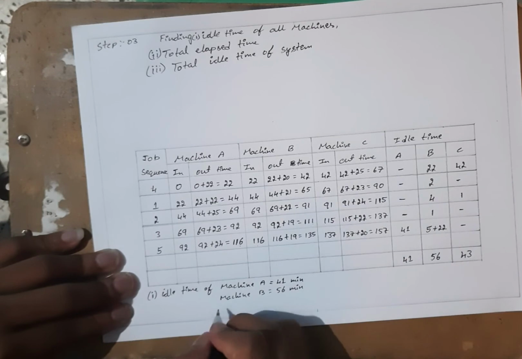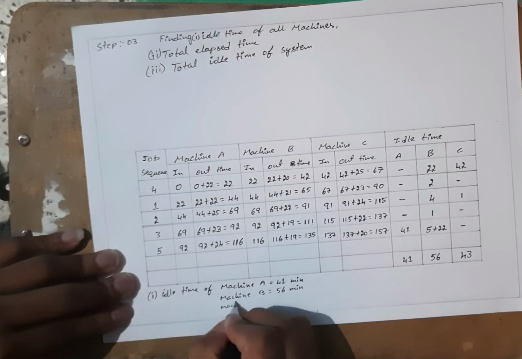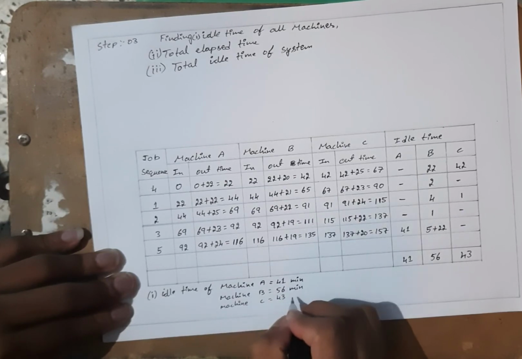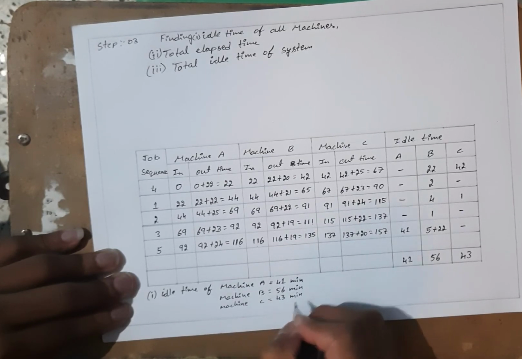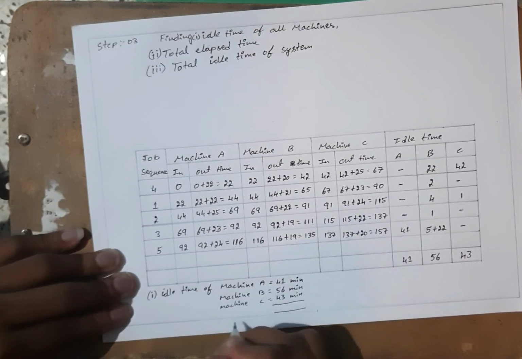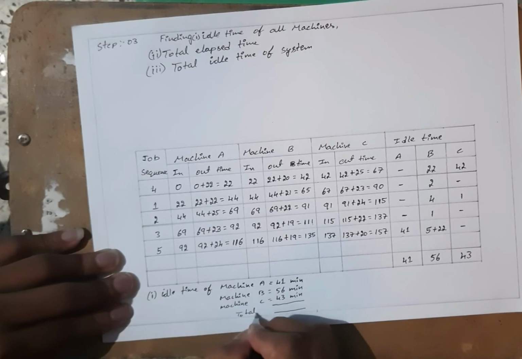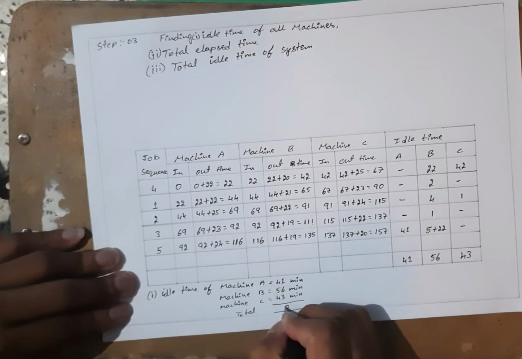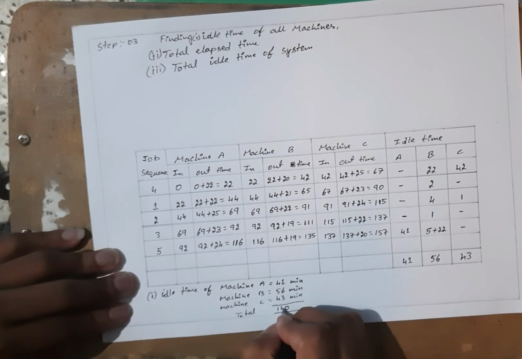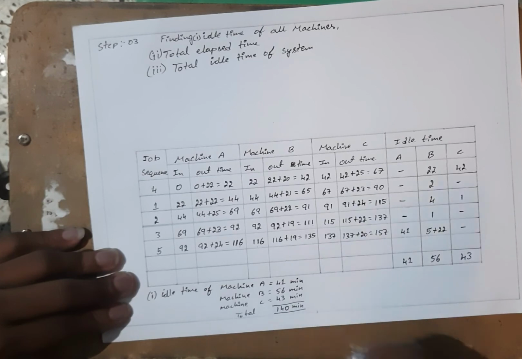Then machine C 43 minutes. The total idle time will be 0, 5, 10, 14, 114 minutes will be the total idle time.